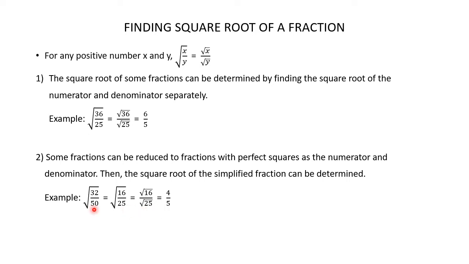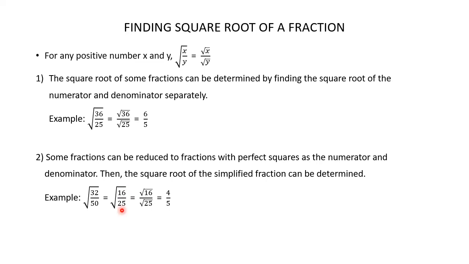Hope you have understood this, because in this example 32 and 50 are not perfect squares. So you have reduced them by dividing the numerator and the denominator with 2 to get 16 upon 25. So now what you have to do is to find the square root of 16 upon 25.